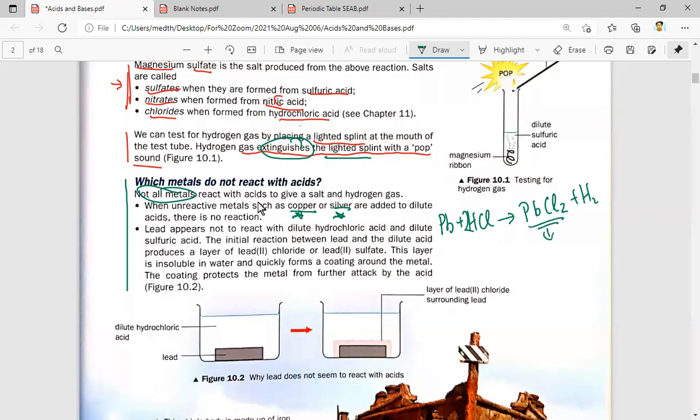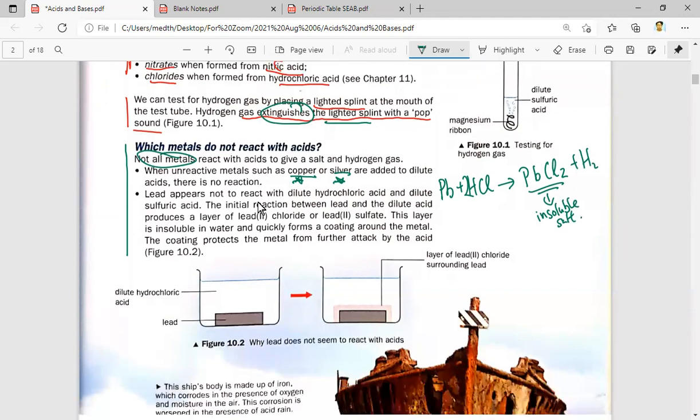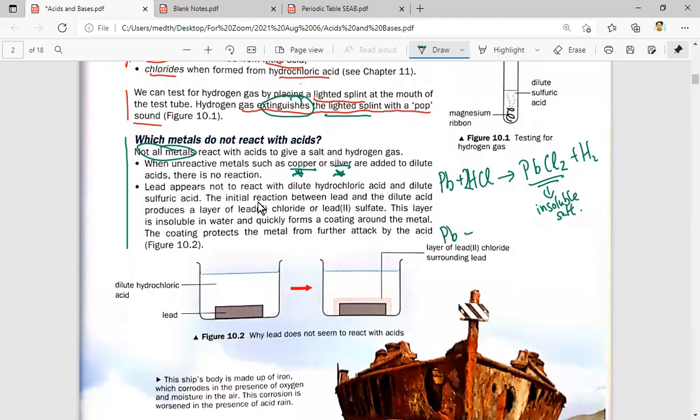This PbCl2 is lead(II) chloride, an insoluble salt. Same thing, if I let Pb, which is lead, react with H2SO4, which is sulfuric acid, I get PbSO4 plus H2. PbSO4 is also an insoluble salt.